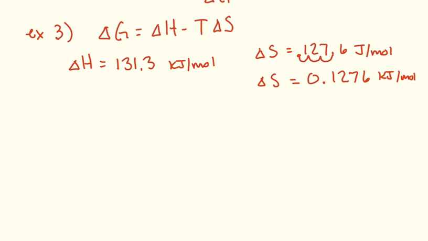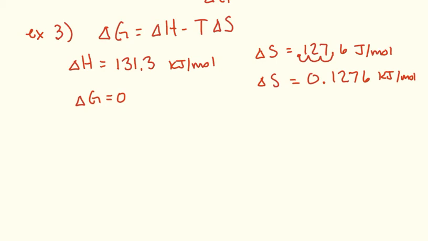So in this case, we can set delta G equal to 0 so that we can find the threshold value for temperature that is going to make delta G negative. Whatever temperature we find, we know that any temperature greater than that will make this reaction run spontaneously.